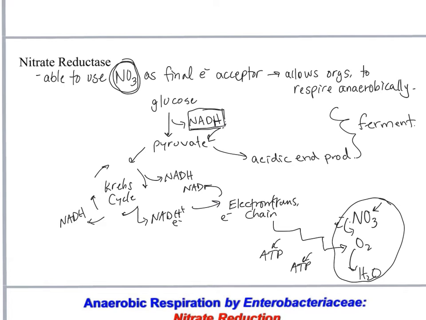Okay, so again, I'm going to talk a little bit more about that next lab because we're going to be inoculating fermentation tubes, but you can see how this process of fermentation is really way different than anaerobic respiration, where we're using something like this. Okay, so again, fermentation is just recycling these NADHs that we get in glycolysis back to the NAD here so that glycolysis doesn't get stopped up.